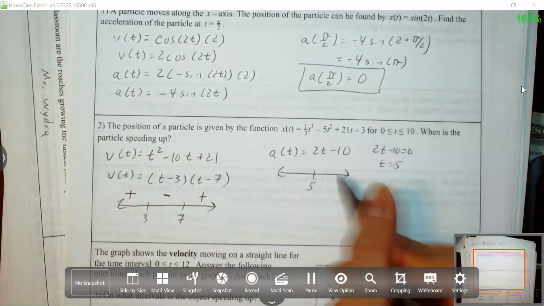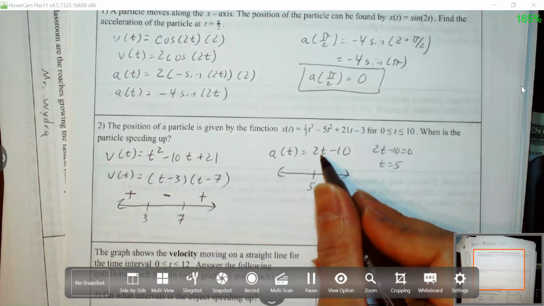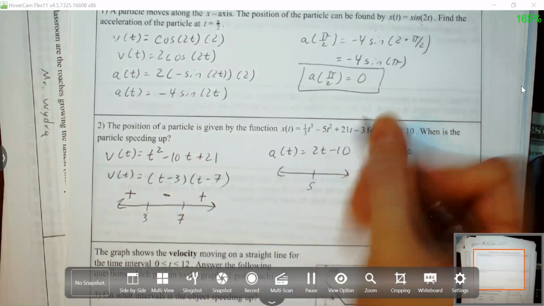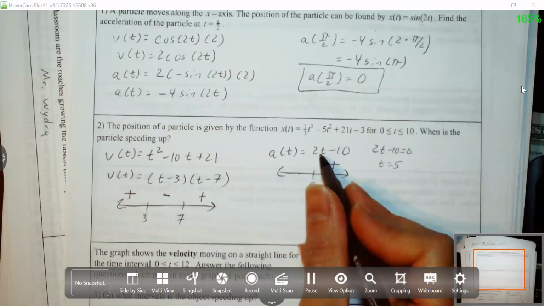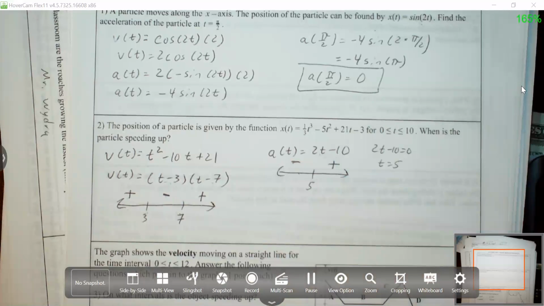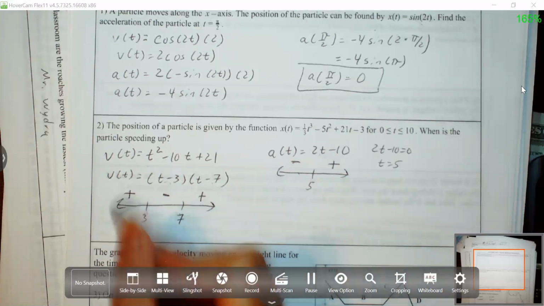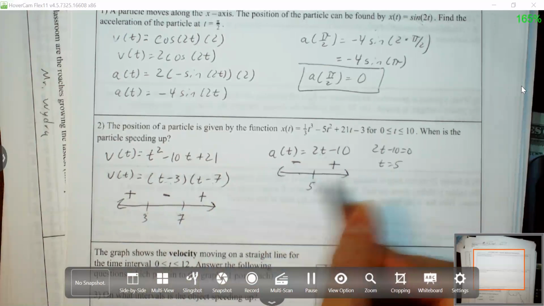So obviously, if a number is bigger than 5, like 6 times 2 is 12, 12 minus 10 is positive 2, so this is positive. And if we pick a number less than 5, then if we plug it in here, it's negative. So this is the sign for velocity. This is the sign for acceleration.